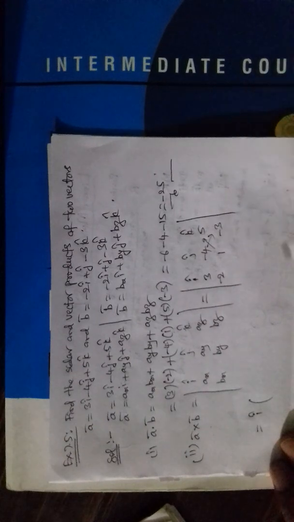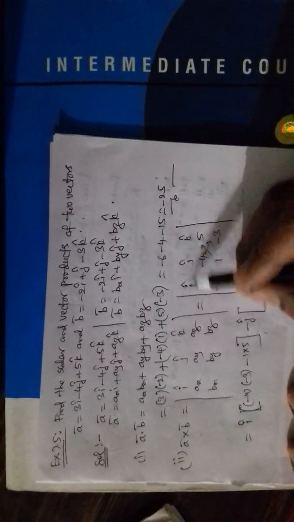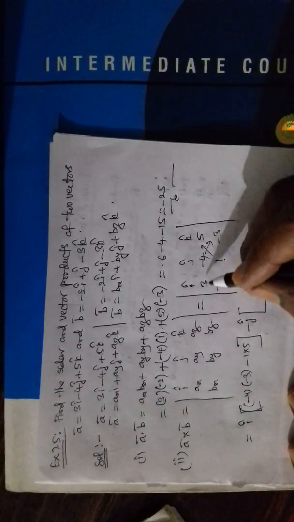So here it is i times: you exclude this column and this row, this minus this. Next, you exclude this row, this column, so you get 3, 5, minus 2, minus 3, plus k.